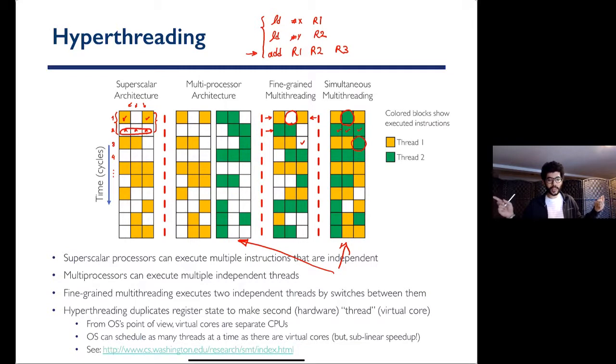You need 2 PCs. You probably need to share registers, right? You probably need to have bigger resources inside your CPU to be able to implement simultaneous multi-threading. But usually you don't double everything. You just double necessary things and let threads share the rest of them.